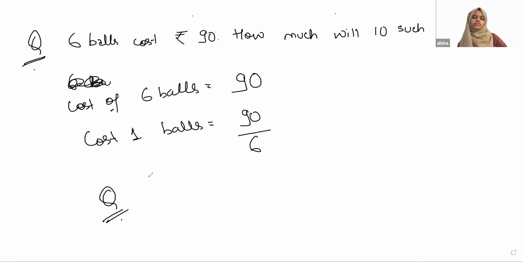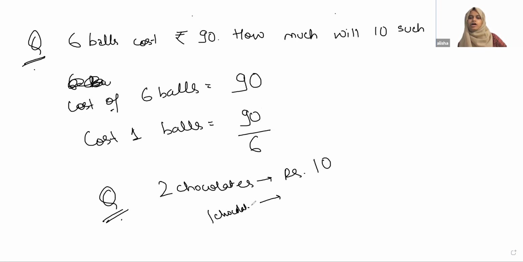If I ask you that 2 chocolates come for 10 rupees. You visited a shop, and for 2 chocolates the shopkeeper asked you to give 10 rupees. How much will you pay him for one chocolate? 5 rupees.